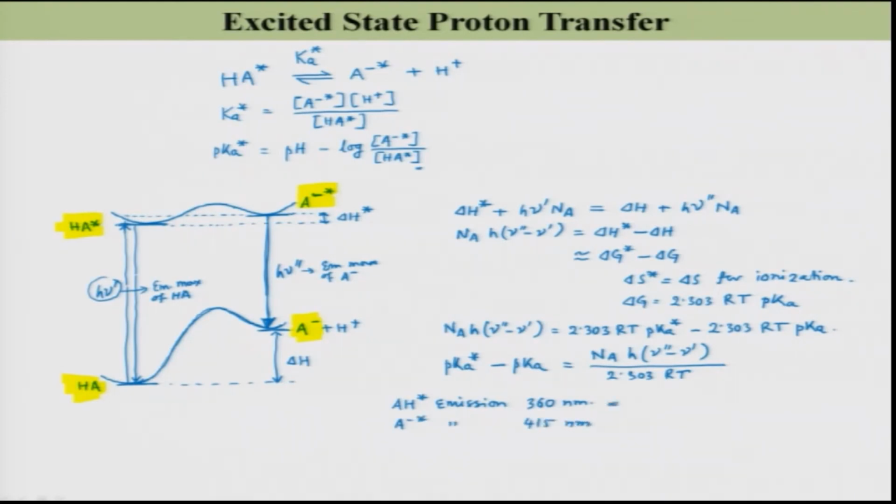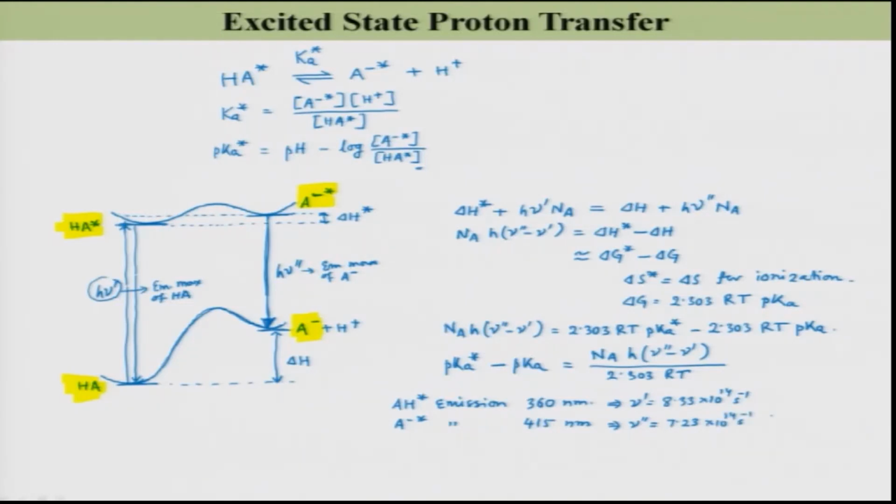So, from here I can calculate nu bar equal to 8.33 into 10 to the power 14 second inverse, it is interconvertible, and from here nu double prime is equal to 7.23 into 10 to the power 14 second inverse.